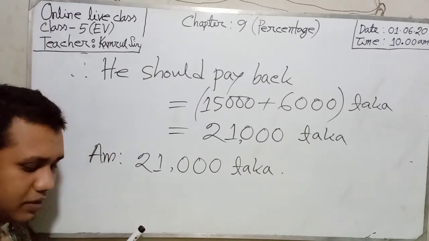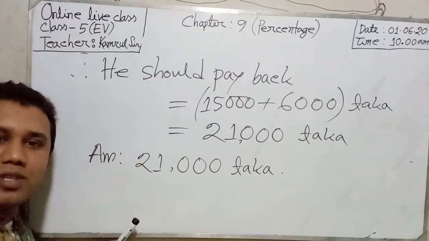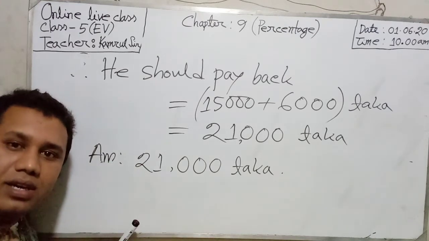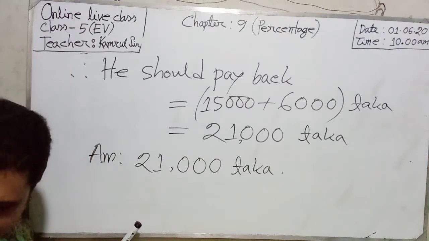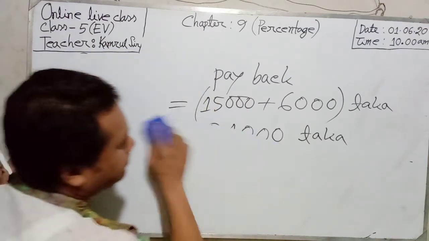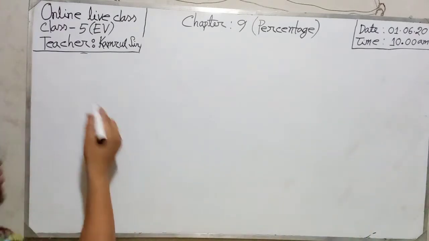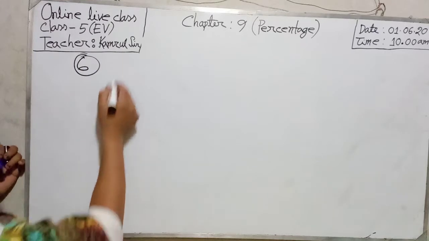Clear? Okay. How much annual interest rate was charged on the principal? So here our demand is the rate of interest. Now at first we will write the given part. Problem number 6.